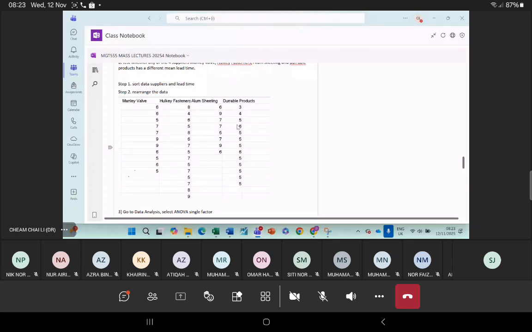Durable product lead time is not influenced by alum shipping. Alum shipping lead time cannot influence the memory of alum shipping. So this data set, we based on 4 suppliers, they are independent of one another. Dia tidak saling berkaitan.